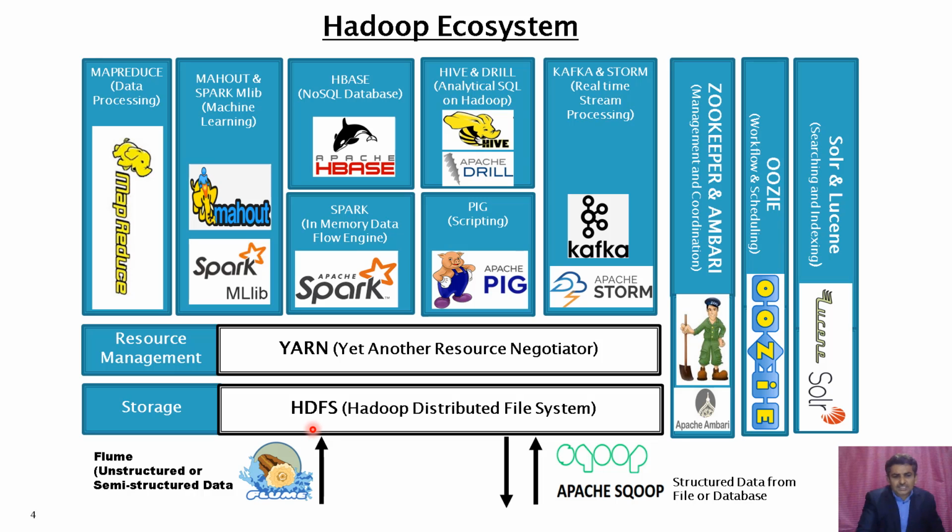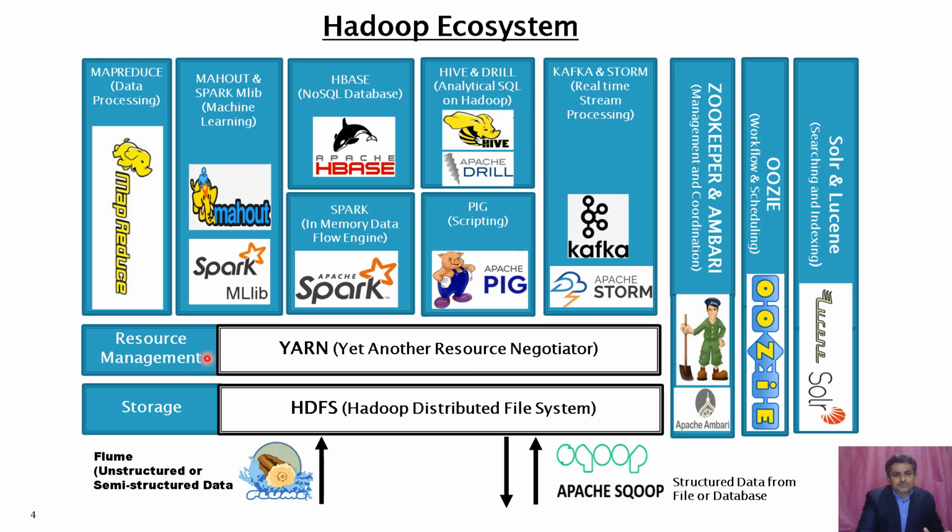The first component is the HDFS, Hadoop Distributed File System. HDFS deals with the storage of data. So while we run Hadoop, first we have to configure HDFS. The second component is Yarn. Yarn is Yet Another Resource Negotiator.